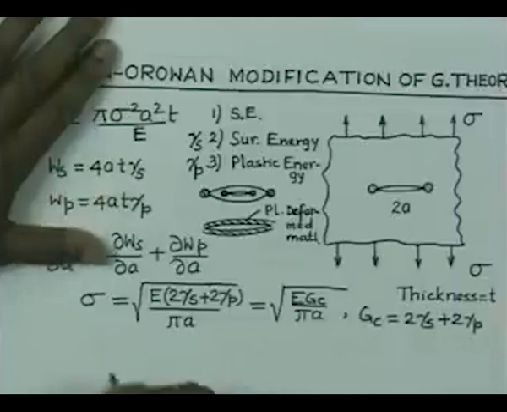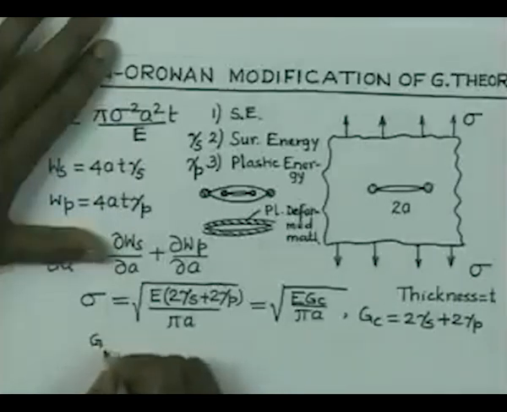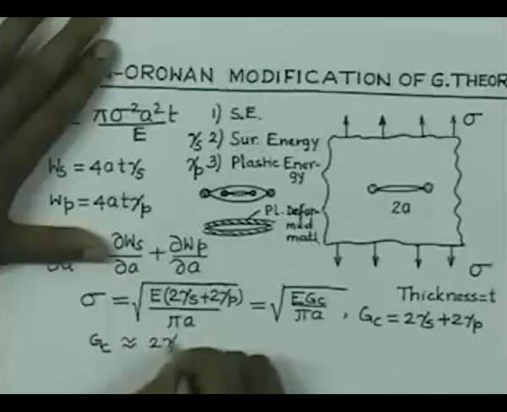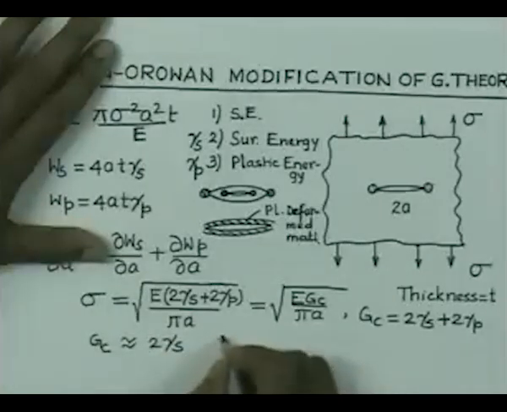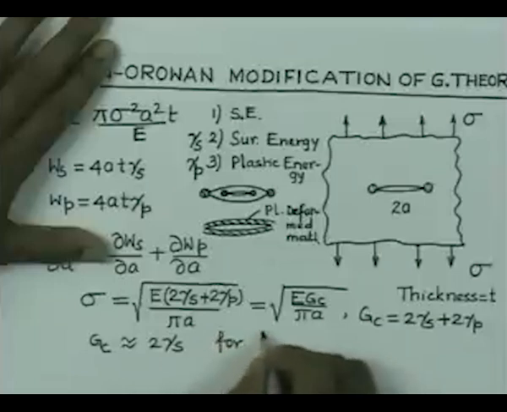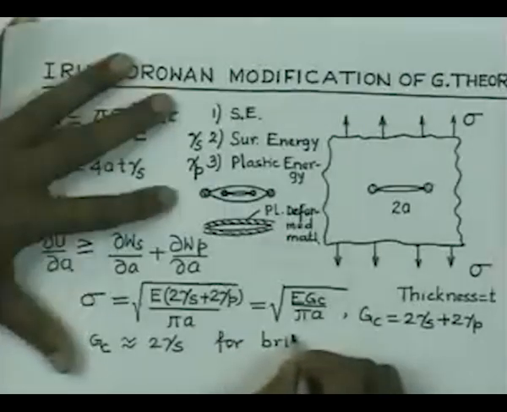In general, what you find is that this G C is dominated by the value of surface energy. So, this is approximately equal to 2 gamma S for brittle materials where the plastic deformation is negligible.